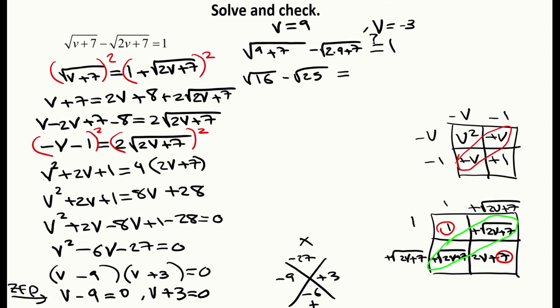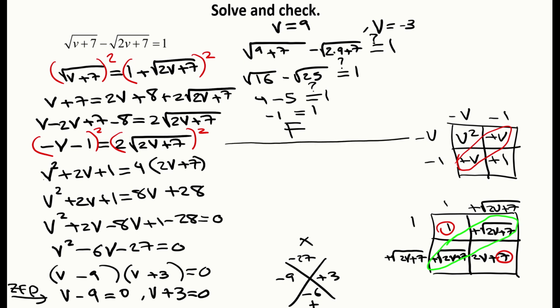And we want to know if that's equal to 1. So that's 4 minus 5. We want to know if that equals 1. And of course, negative 1 equals 1 is a contradiction. So that's false. So 9 did not make the original equation true, so it's not a solution. You can see how important it is to check these.